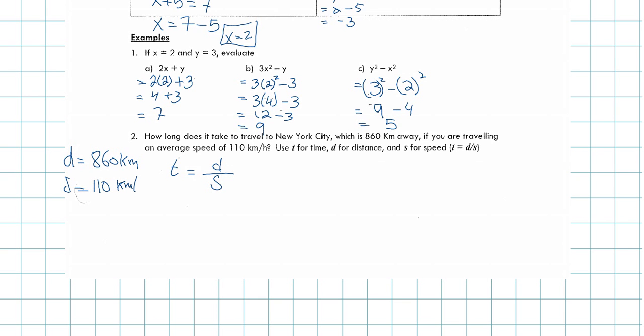And that's a matter of just plugging it in. Right? Plug in the D and the S to find T. The question is asking you how long, which means time.